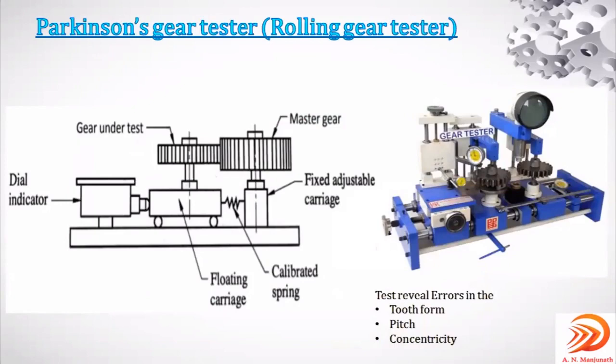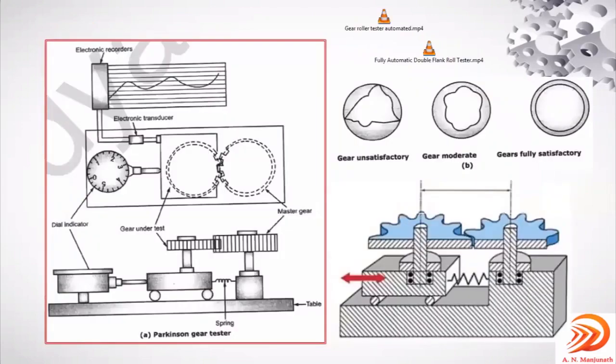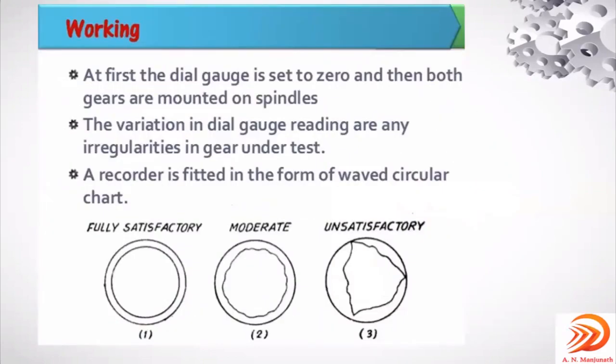It inspects tooth to tooth or point to point, the pitch, concentricity, run out, those things it is able to measure, right? So working, as I told, is using the dial gauge if it is manual. If it is the automated one, it will have software to record each value.